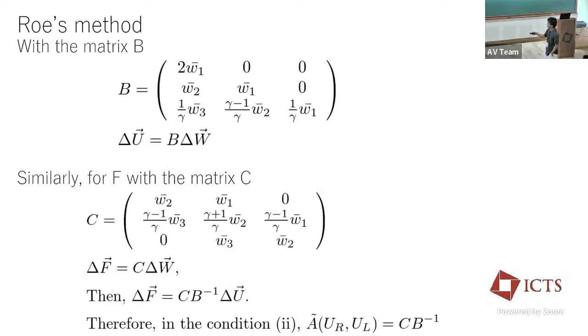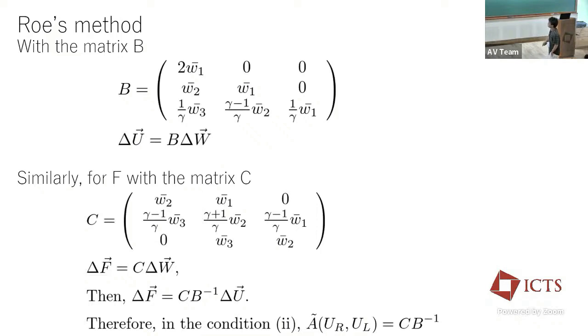You can also do similar things for the flux difference delta F with matrix C. This gives you delta F as C multiplied by delta W. So delta W is a sort of parameter. So now delta F is the matrix C times the inverse matrix B times delta U.